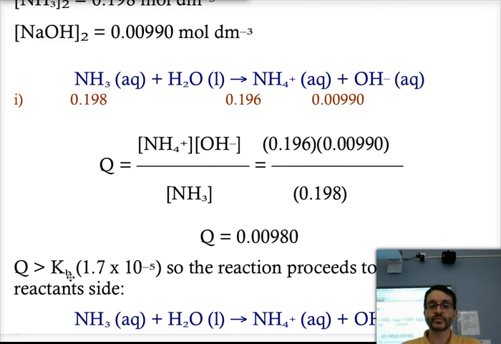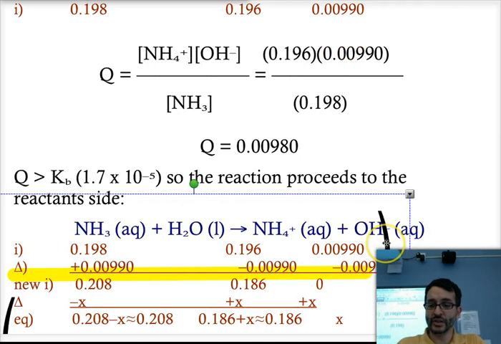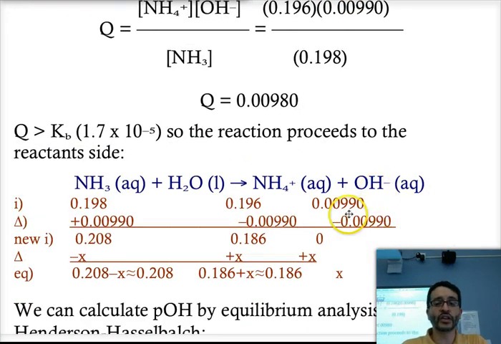Because Q in this particular case is much larger than Kb, the reaction is going to move in the reverse direction. We're going to consume all of the hydroxide and some of the ammonium ion, and produce some more of the ammonia. So we're going to have a new concentration.